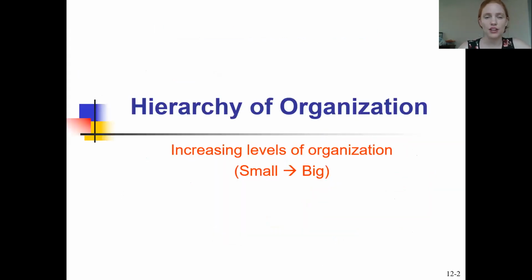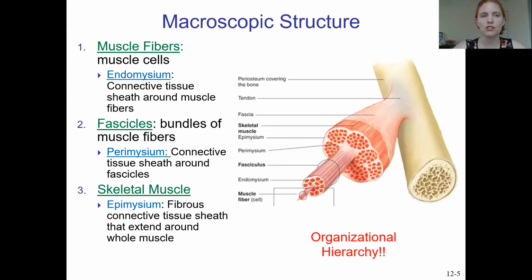Okay, now into hierarchy. Remember, we're going to try to go from smaller things towards bigger things, and think about how that helps organize and coordinate the contraction. Let's start off with a muscle cell. Muscle cells are called muscle fibers. And the reason they're called muscle fibers is because instead of being a circular structure like we typically think of when we think of cells, they're very, very long cells.